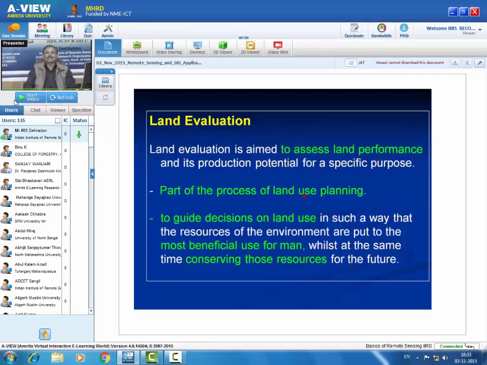We want to assess the suitability of land for various purposes, for example forestry, agriculture, urban, watershed development, landslide study, water resource study, or recharge zone identification. Here my presentation is restricted to using the map for land use planning.